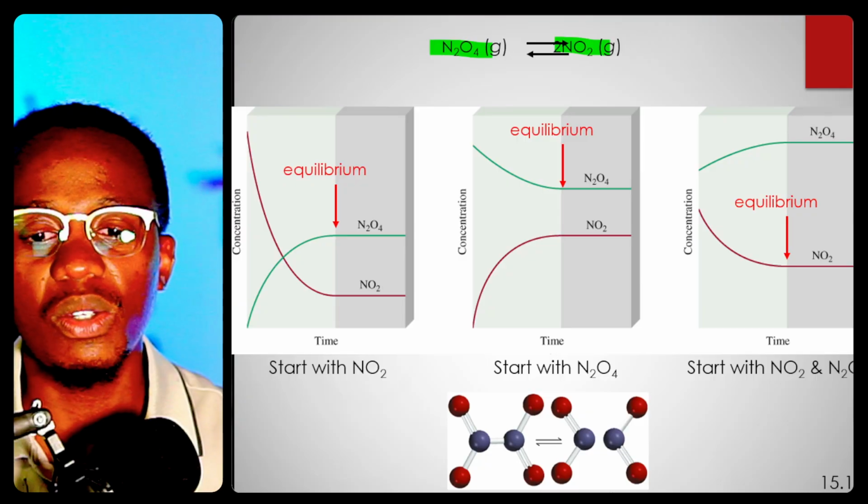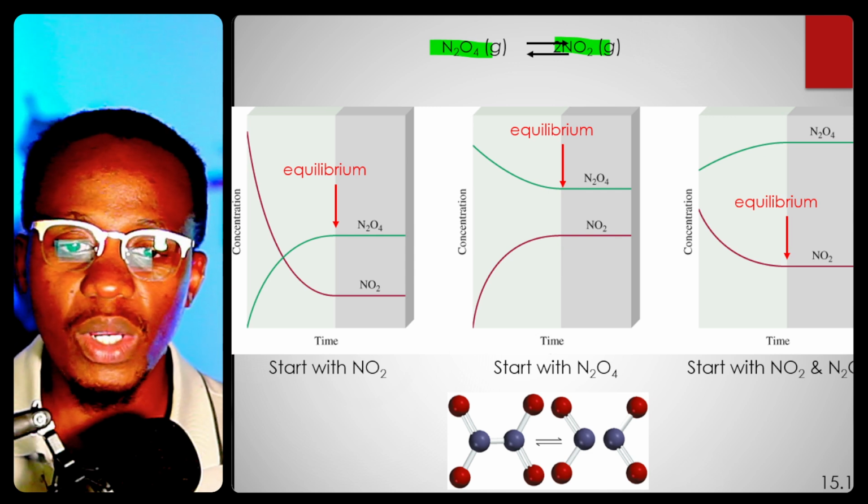We'll get to a point where I ask you, hey, is this reaction at equilibrium or not? If it goes back and forth, it doesn't mean that it's at equilibrium. It's only at equilibrium if the forward and reverse reactions have the same rates, or same speeds, right? So that's when we reach equilibrium. So not all reversible reactions are at equilibrium, so make sure that you remember that.